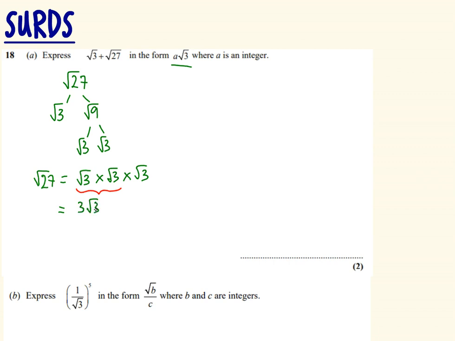So we get 3 root 3. Therefore, root 3 plus root 27 is the same thing as root 3 plus 3 root 3. So again, if we're now collecting our like terms, I've got 1 root 3 plus 3 root 3. So altogether, that's 4 lots of root 3. So our answer for part A would be 4 root 3.